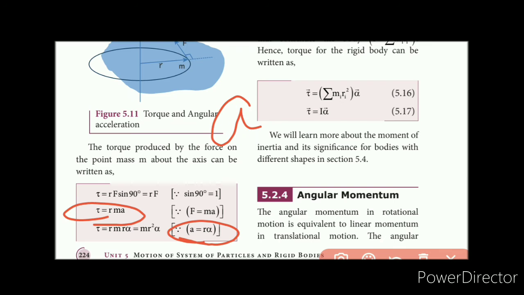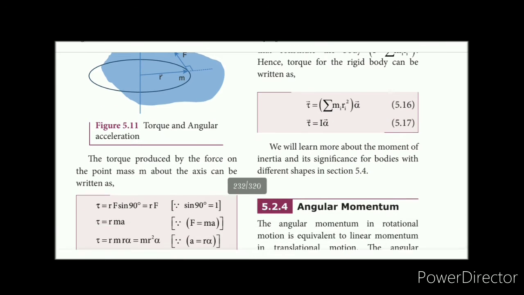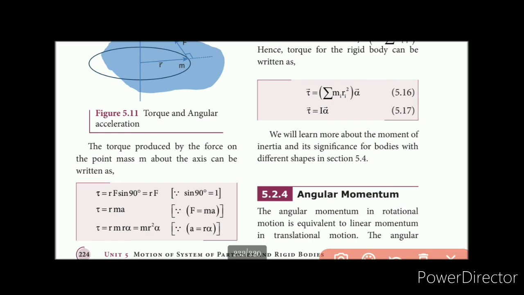Linear acceleration a equals the rate of change of velocity. But angular acceleration alpha equals d omega by dt, where omega is angular velocity. So the rate of change of angular velocity is called angular acceleration. The relation between linear and angular acceleration is a equals r alpha.